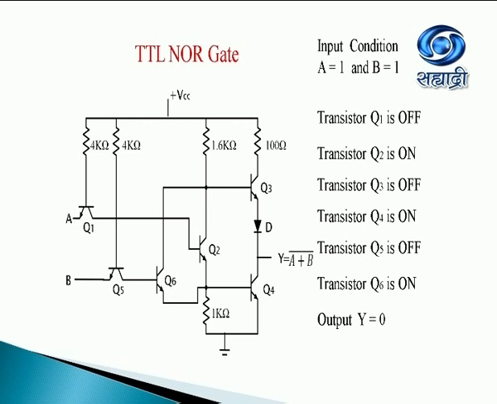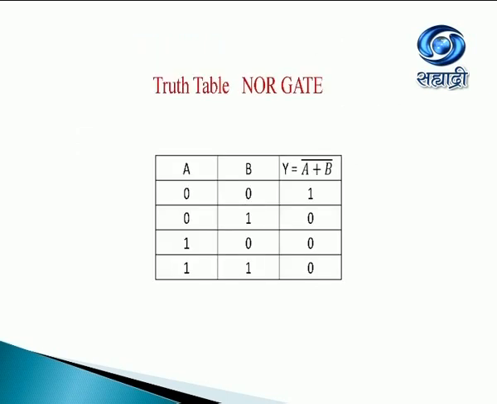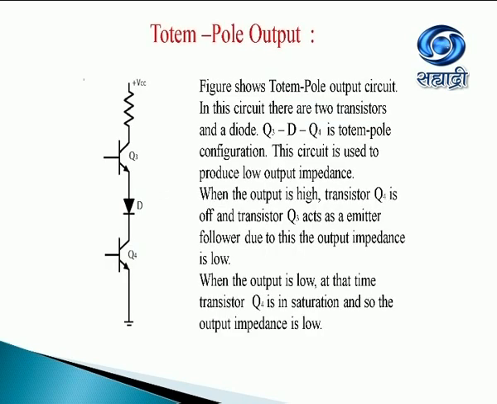At that time, both the transistor Q1 and Q5 are off and because of that, transistor Q4 is on and we get Y is equal to 0. Figure shows the truth table of NOR gate. We can see from the truth table 0, 0, 1; 0, 1, 0; 1, 0, 0; 1, 1, 0.